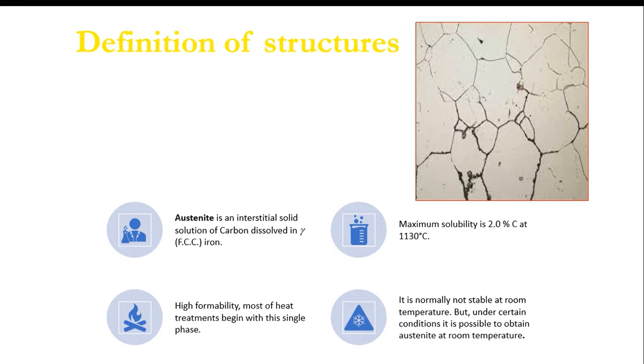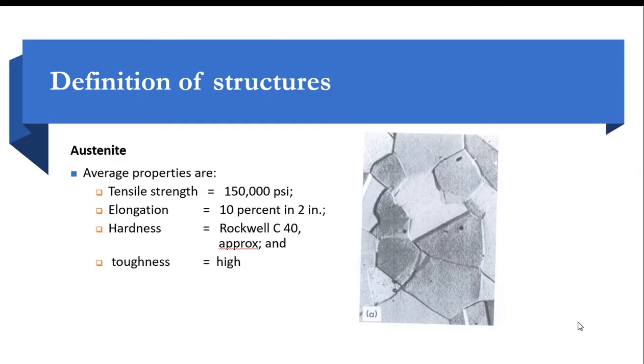Most heat treatments begin with the single phase. Austenite is a single phase of FCC, right? So it is normally not stable at room temperature, but under certain conditions it is possible to obtain austenite at room temperature, but you have to apply high pressure, right? So if you have a high pressure background inside your container, you can obtain this austenitic phase at room temperature.